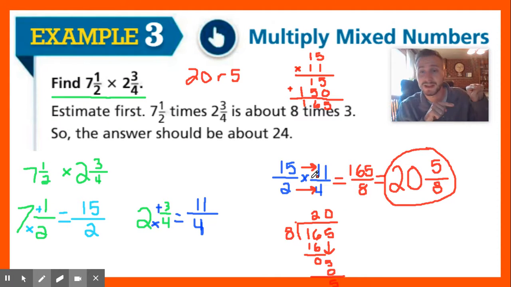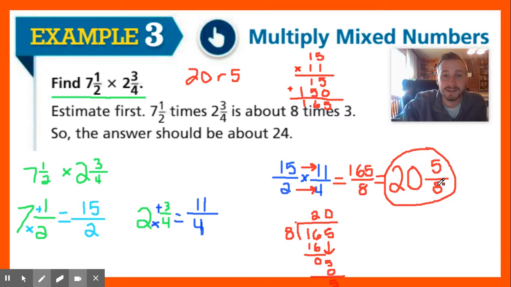And then you want to multiply straight across, which we did. But you don't want to leave an improper fraction as your answer. You want to change it back into a mixed number. And the way we did that is we just divided the denominator into the numerator. 8 into 165. You divide all the way until you have a remainder. Okay? When you get your remainder, you can take your answer, put your remainder on top, put your divisor on the bottom. 20 and 5/8.